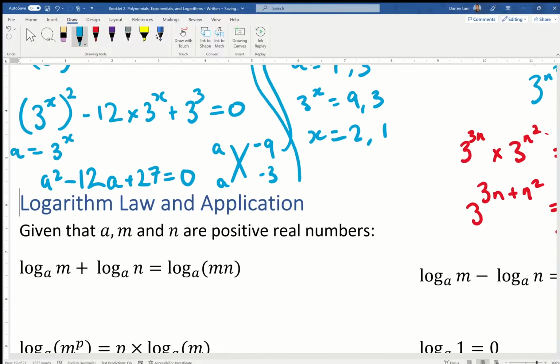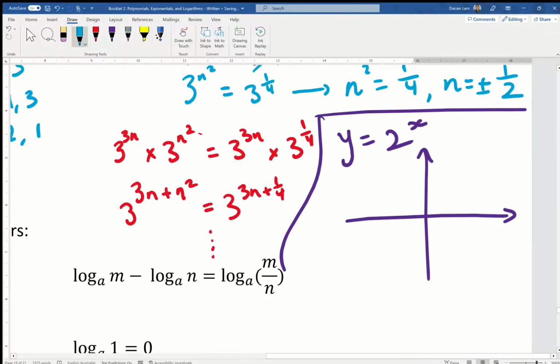Oops, that was not asymptotic behavior. It should never go back down or up. That is not asymptotic behavior. It should be something like this. What is this value right here? What is my y-intercept? When I let x equals 0, I get 1. Remember, anything to the power of 0 is 1.